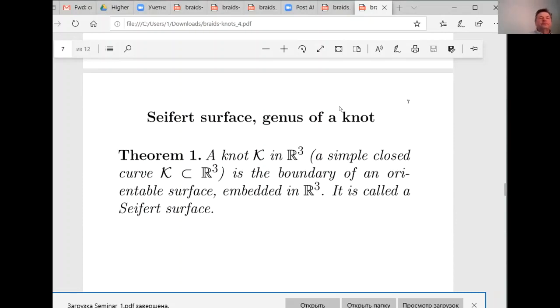So our theorem is the following. Let K be a knot in R3. So as usual, I remind you, this is a simple closed curve, even polygon, but you can consider smooth curve.